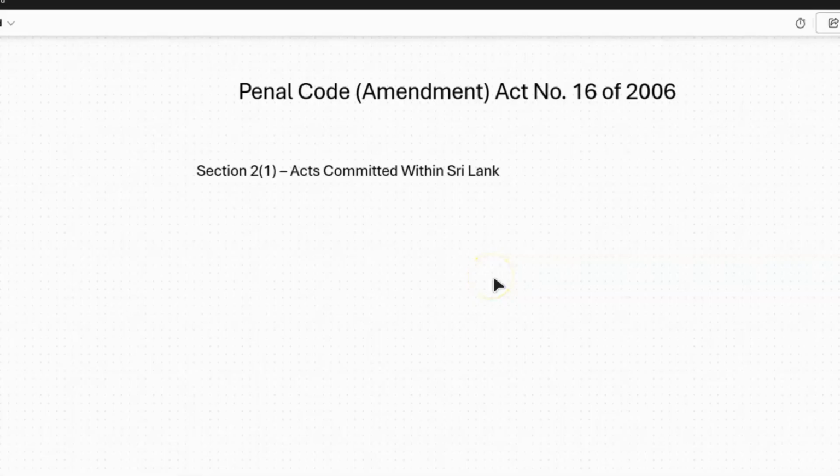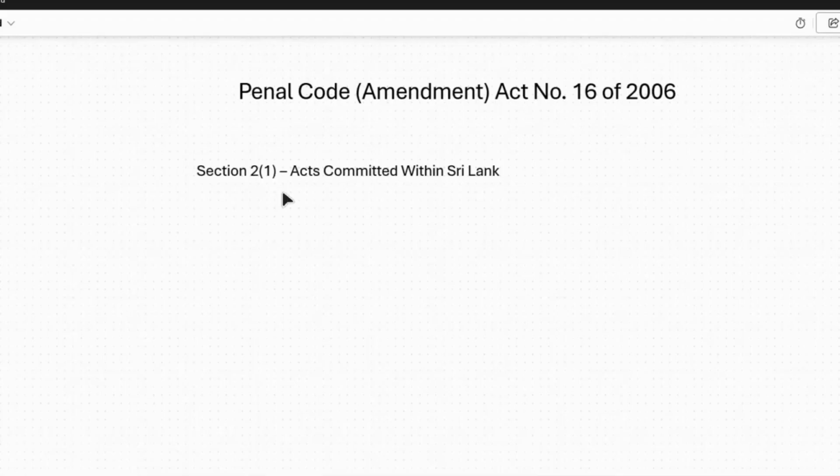Main idea, right? This section explains where Sri Lankan law applies, even if an offense happens outside the country's land. Sri Lankan law may still apply in certain places.